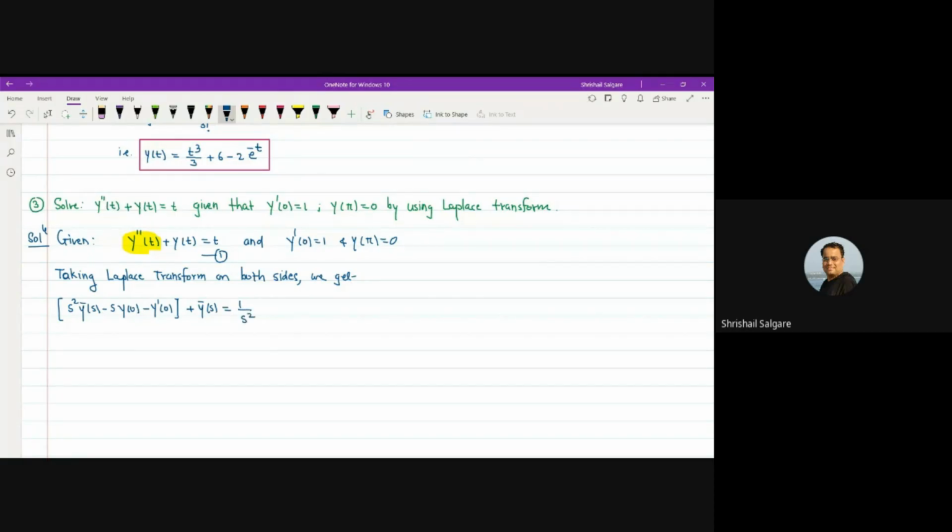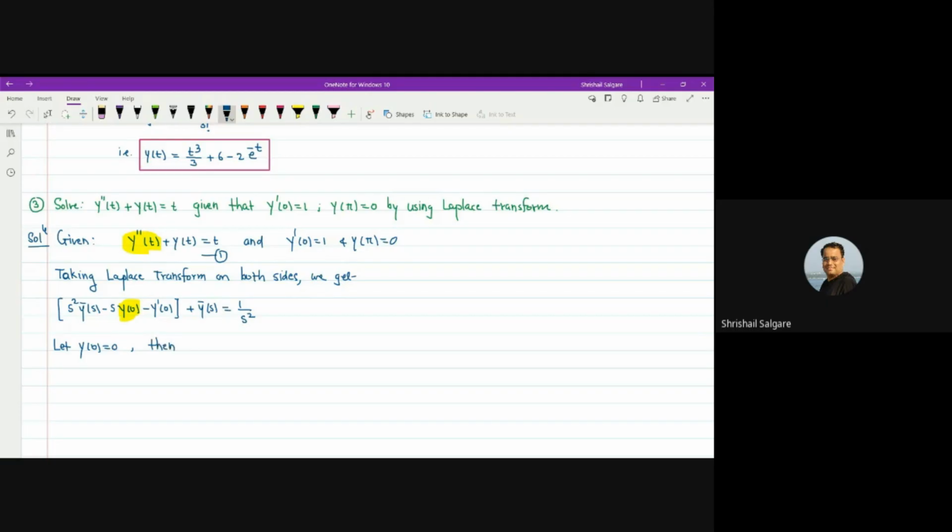1 upon s square. Now, if you substitute, I know y dash 0 only. Y of 0 is not given to you, so that's why I will assume it is a constant, still you have to identify. Let y of 0 be equal to a.